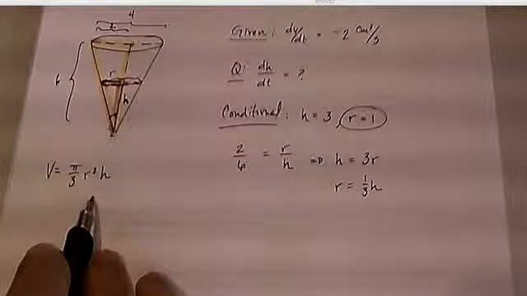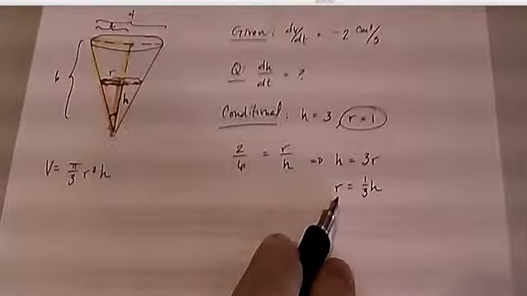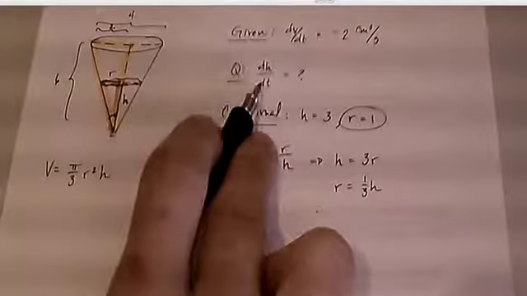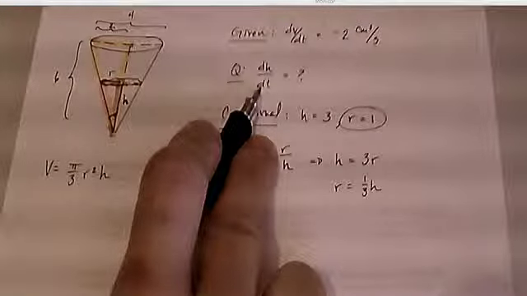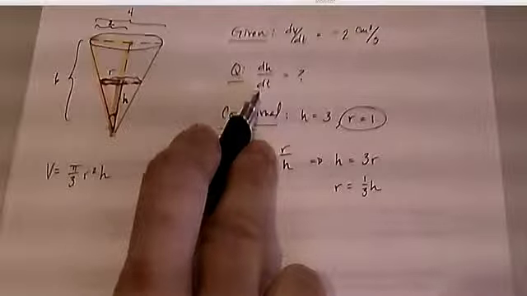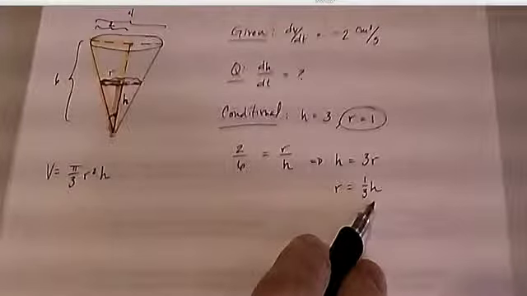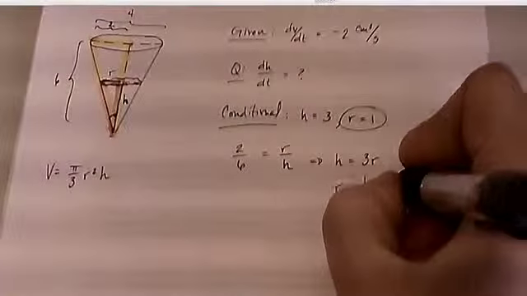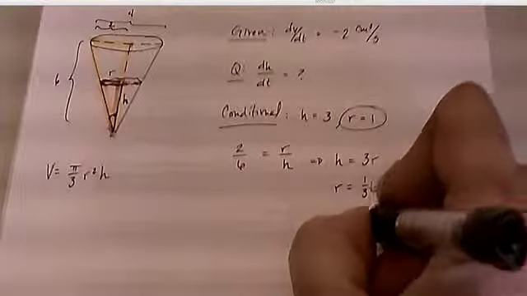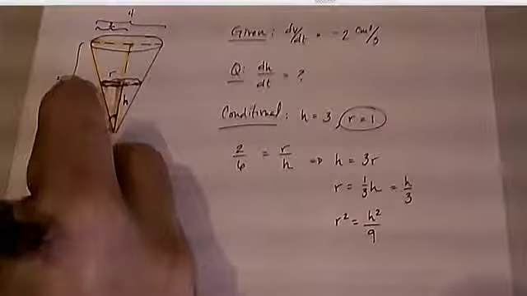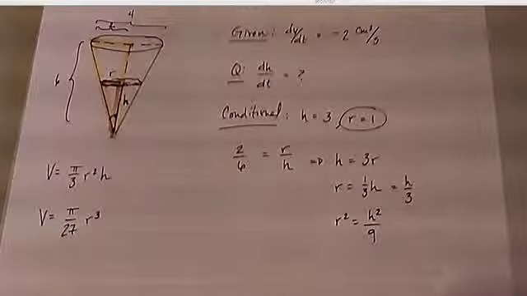The question is, which one do I use? Well, I don't want to get rid of h if I'm solving for h. Okay, so I want to get rid of r. So if r is equal to 1/3 h, or it's probably better to think about it in terms of h over 3, then r squared is h squared over 9, and V becomes pi over 27 h cubed.